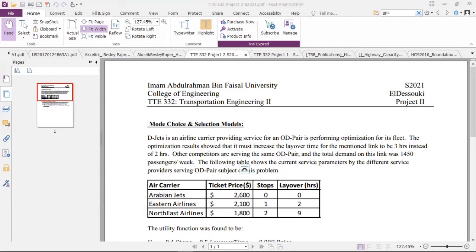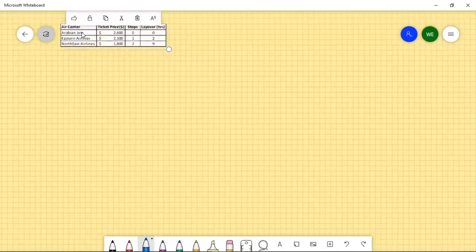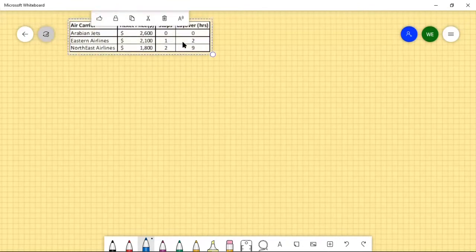So basically this is the parameters schedule. Let me open just a whiteboard. These are the service parameters from different competitors, including Eastern Airlines. It says here that the utility function was found.